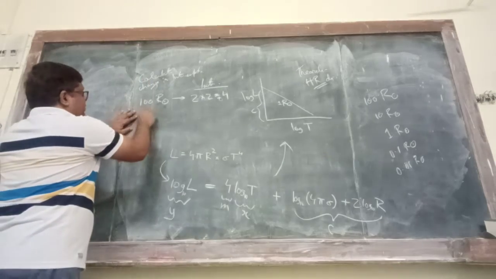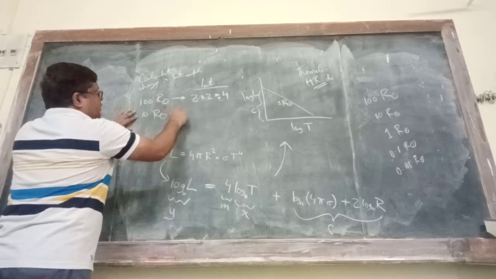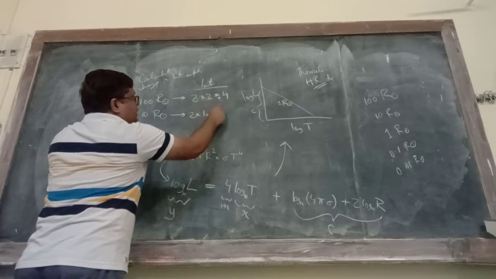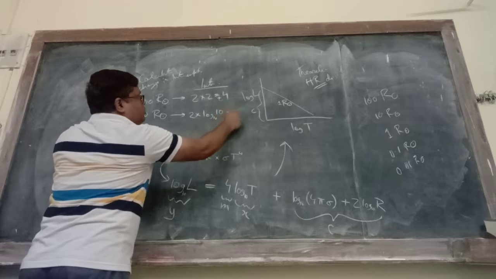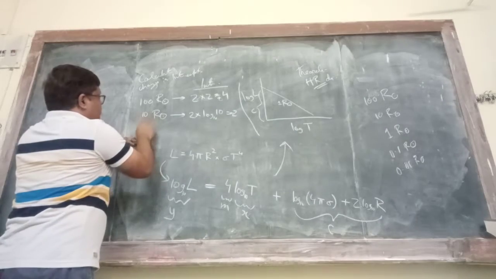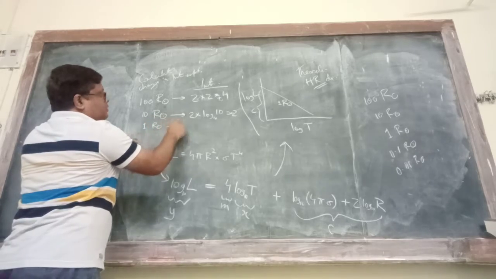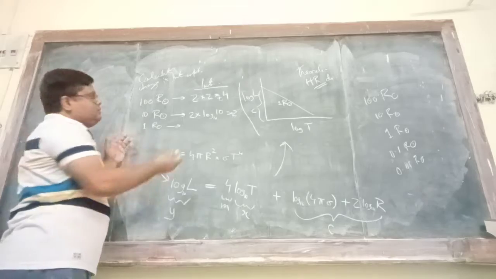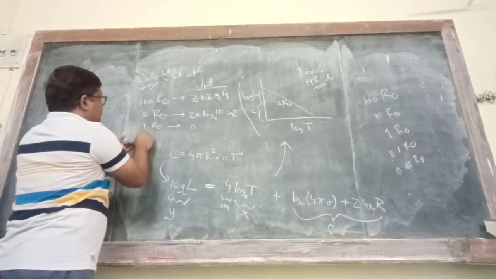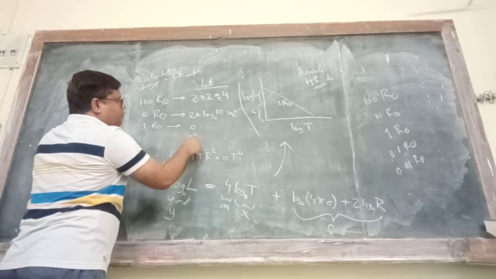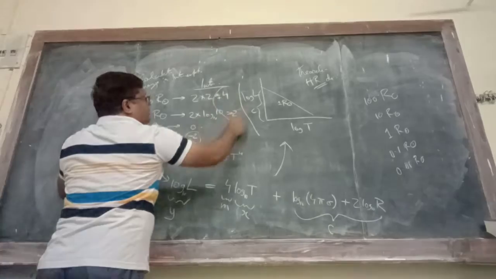Next, 10. So 2 into again log 10 base 10, that is 1. So it will be plus 2. Next, 1 stellar radii. It will be 0. No change. And then you will see the changes are -2 and -4.